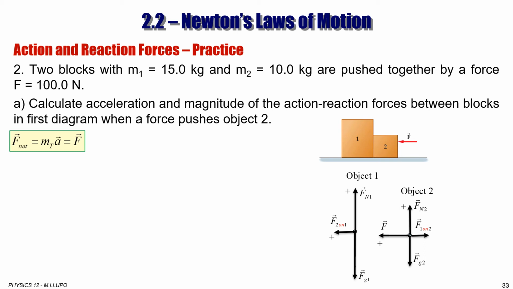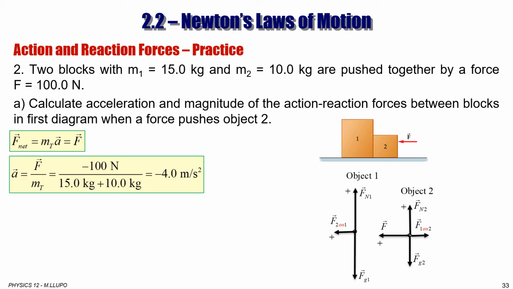So using Newton's second law, we can calculate the acceleration, which is the net force divided by the total mass in this case. The total mass is 10 kilograms plus 15, which is 25. The force to the left is minus 100 Newtons. So the acceleration is minus 4 meters per second squared.